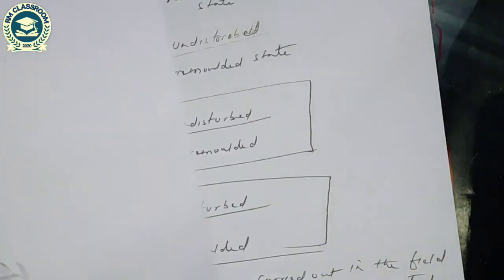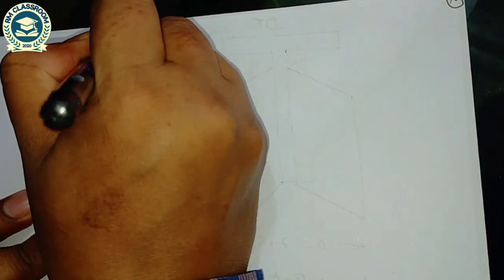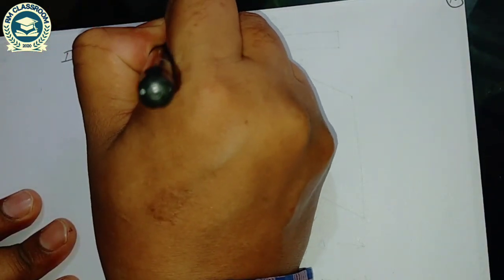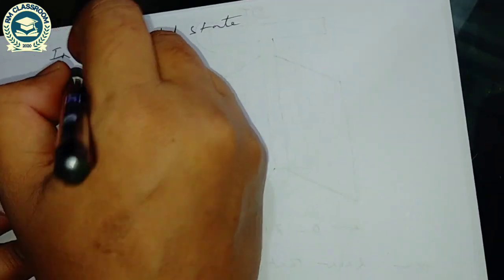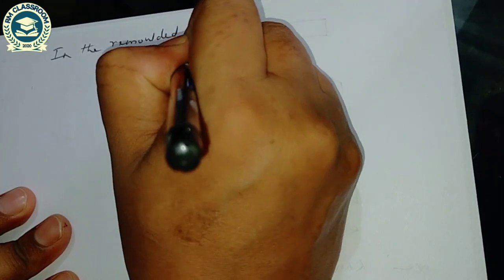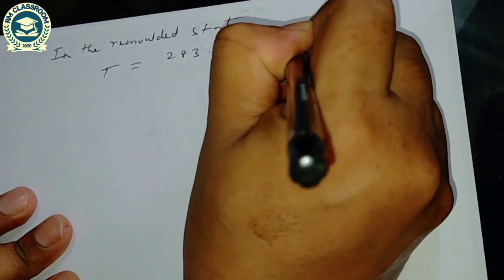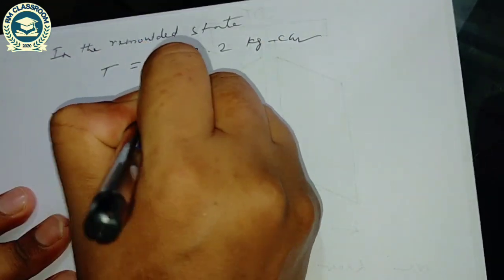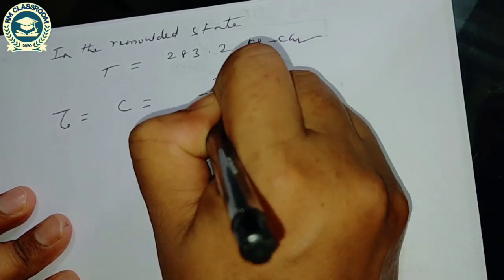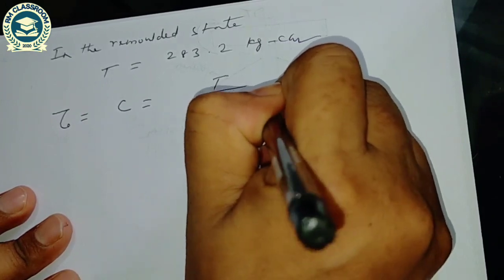Similarly, in the remoulded state, torque is given as 283.2 kg centimeter. So shear strength of soil is equal to cohesion is equal to T by pi d square h by 2 plus d by 6.